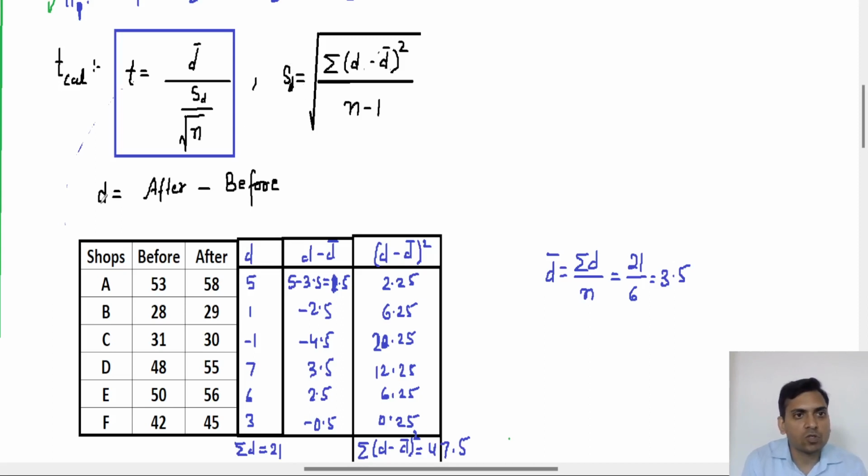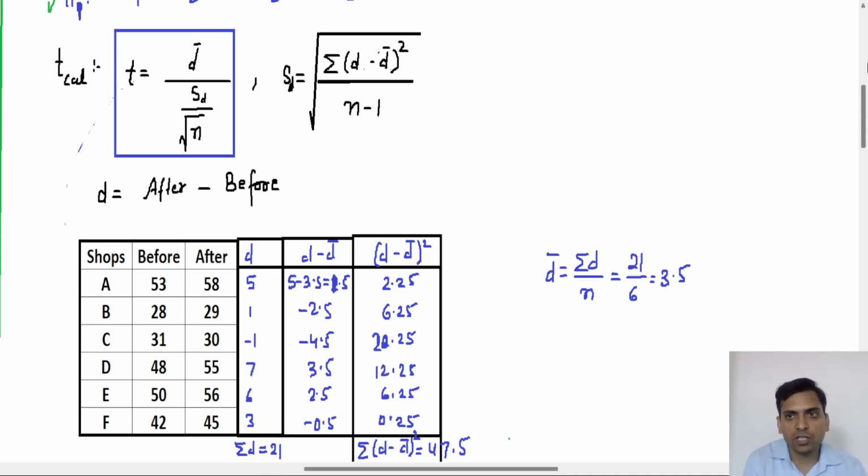D equals after minus before, as we have data of before advertisement and after advertisement. So first we will find D by subtracting, for example, this 53 from 58, and all these before values from their after values. So you will get these D values, then summation D.